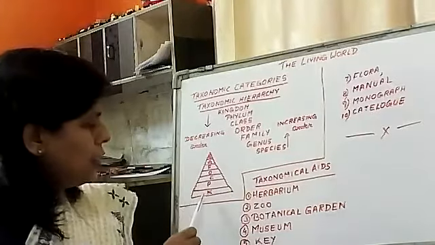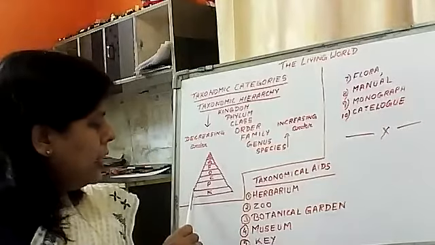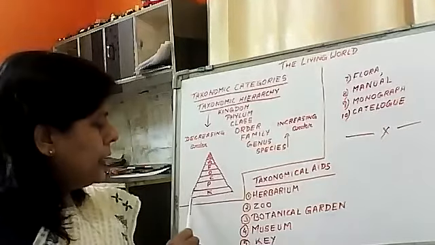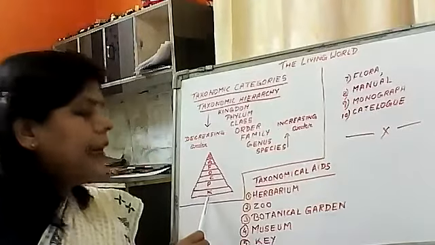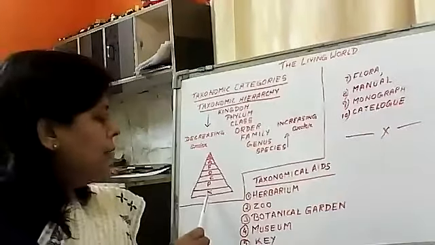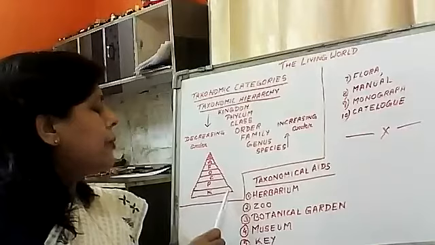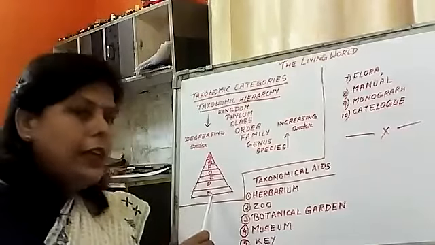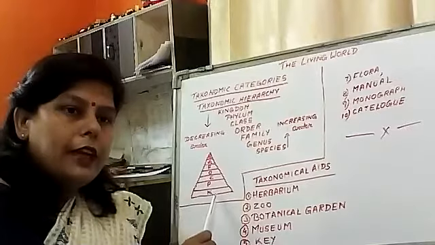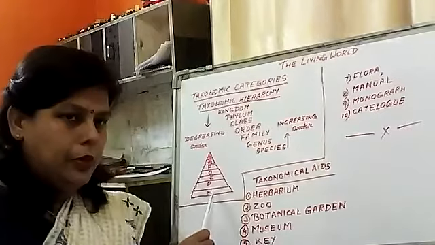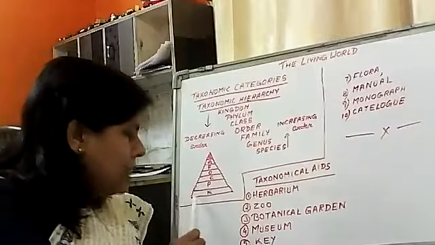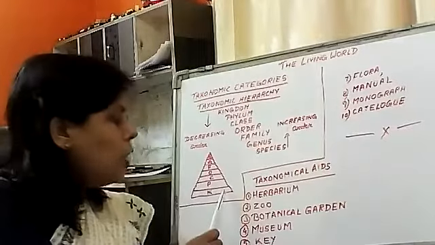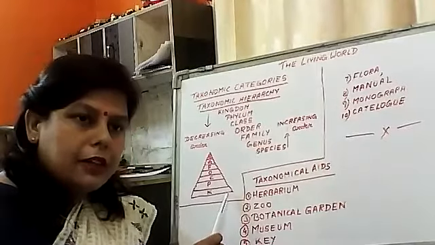You just see here one letter I have written. At the base of this triangle, it is represented by the letter K. K means kingdom. At the kingdom level, the number of organisms is much more. But among those organisms, some dissimilarities were found.